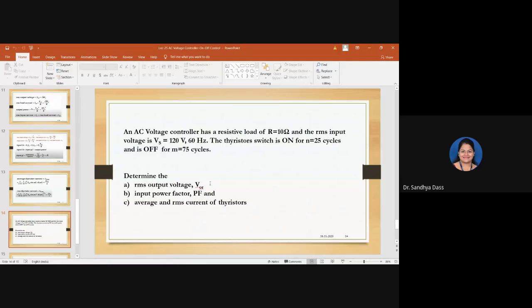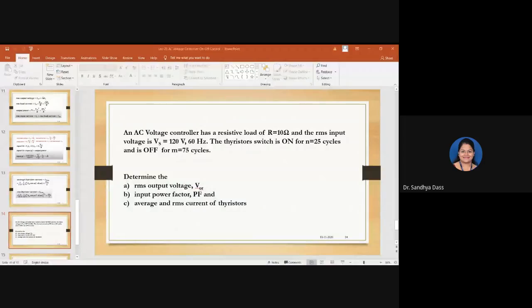So what do you substitute there? Vs is what? It's a directly given value. Yes, 120, correct. Now calculate K. What is K?